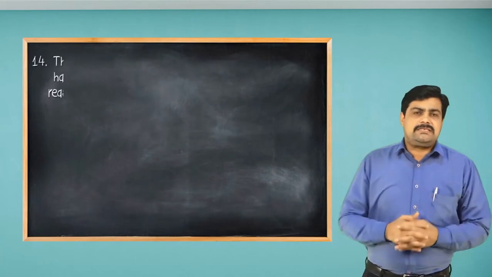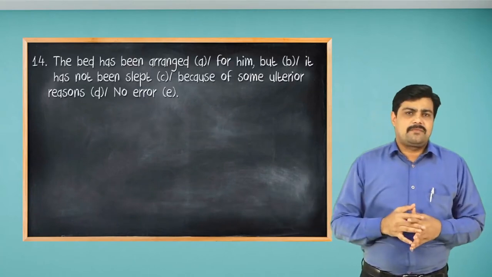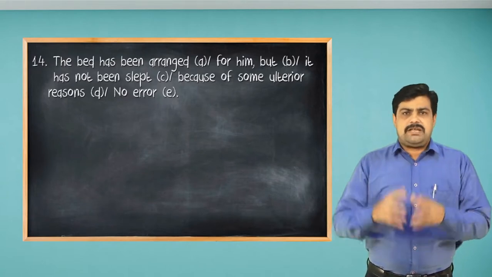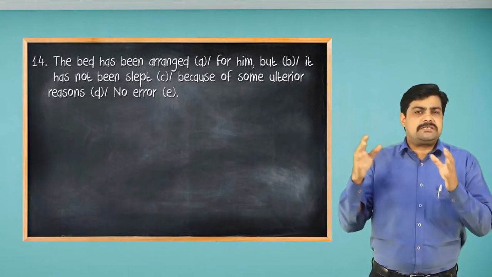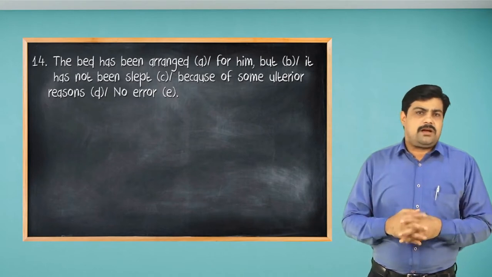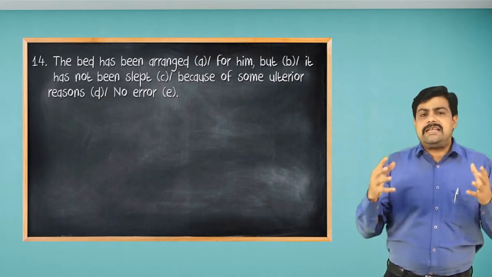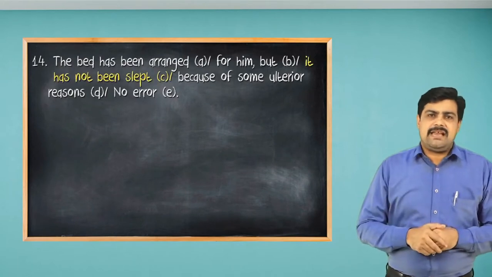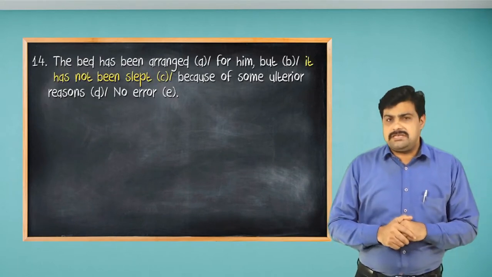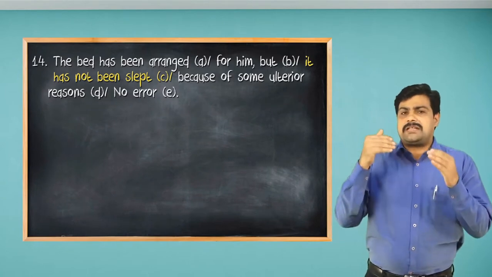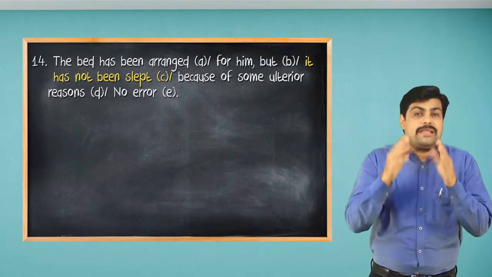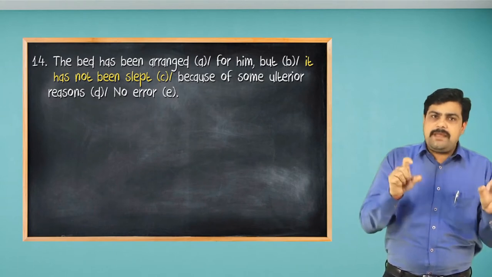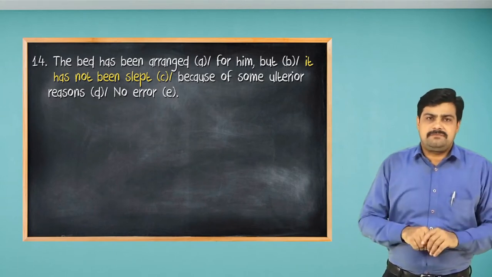Now let's take the another sentence that is on the screen. The bed has been arranged for him, but it has not been slept because of some ulterior reasons. Do you see that there is an error in part C of the sentence? As the verb slept is used without preposition in. There should be a preposition in after it.